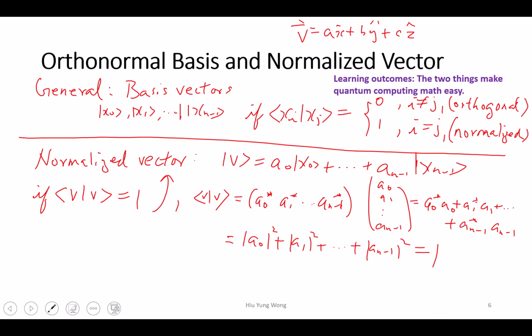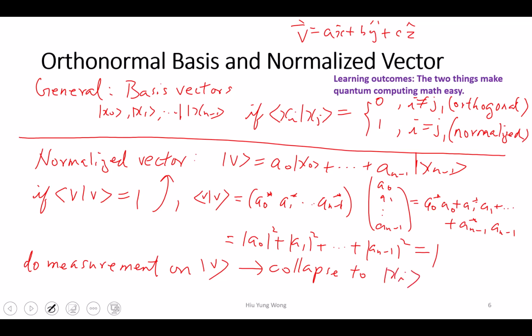Why is that? Because if I do a measurement on V, it's going to collapse to one of the basis vectors, as we have discussed. The simple case is just spin up, spin down.